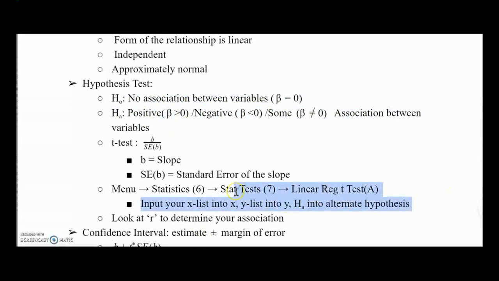But you rarely have to do it, but in case they ask you, this is what you'd have to do, because sometimes they'll give you like 200 or 300 data points, and then you're going to have to type in 200 or 300 data points into your calculator, and it becomes very tedious, and it probably will take up your entire test just typing in those data points, and getting one wrong can really blow your test out of proportion. And if you want to determine your association, we come back to r, which is your correlation coefficient.